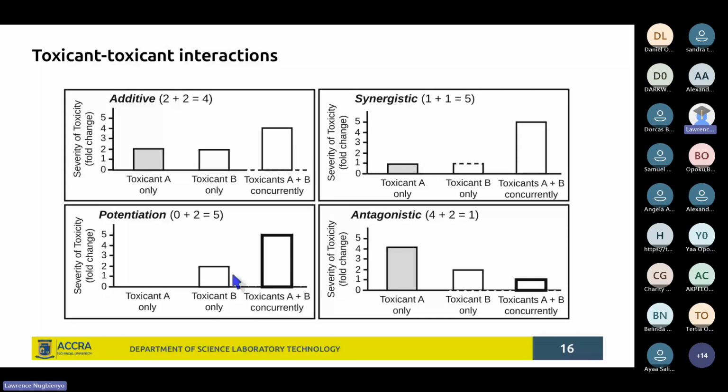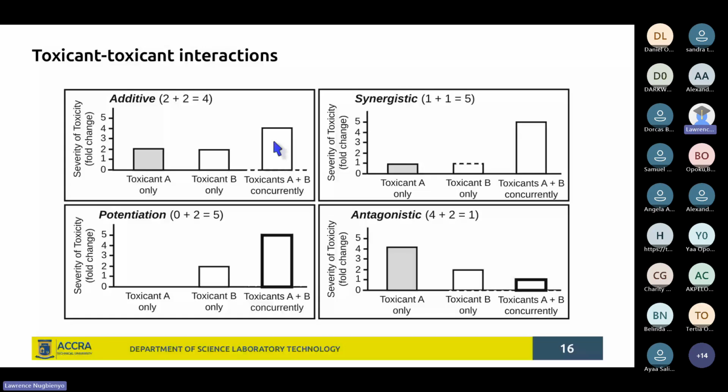Now, the first one is what we refer to as additivity. So we have toxicant A and toxicant B having the same level of toxicity. The severity of toxicity with toxicant A is equal to the severity of toxicity for toxicant B. Now, when there is exposure to the two of them, the toxic effect that is felt for the two of them concurrently is the sum of the toxic effects of A alone and B alone.